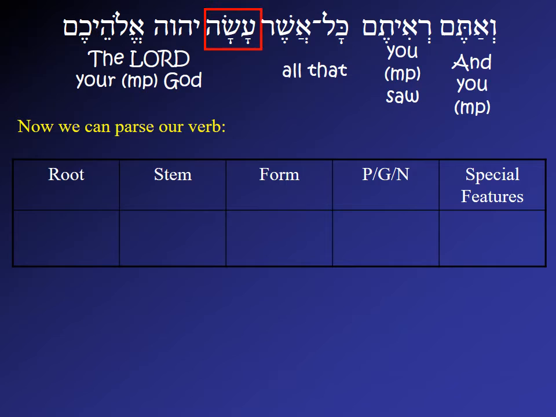Alright, and if we want to parse our other verb, asa, also this is third he, asah. The stem, of course, is Qal, affix. The a here on the end is masculine, third masculine singular. Remember, if this were feminine, it would be asata. So asa, masculine, asata, feminine. Again, no special features. And the translation, he did.